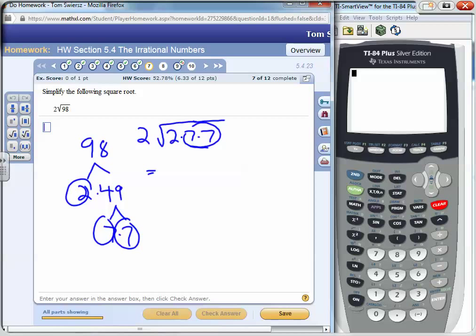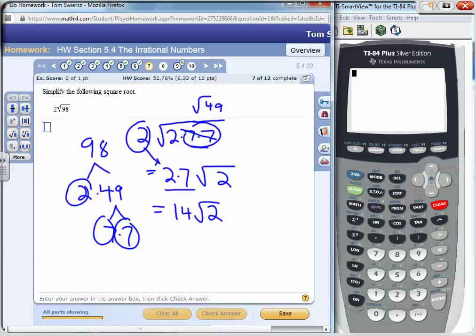So square root of 7 times 7, square root of 49 is 7. So the 7 comes out, it multiplies by the 2 that was already there, and left underneath the radical is that 2. So now we multiply outside the radical. The 2 times 7 is 14, and underneath the radical is simply a 2. So that would be our correct simplification, 14 times a radical 2.